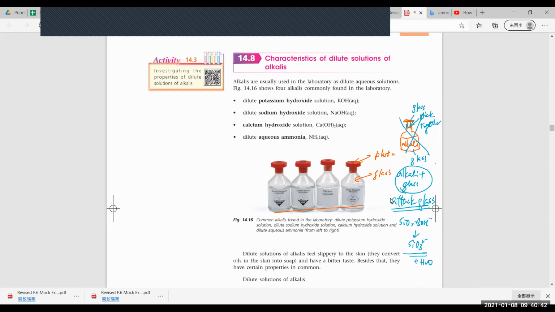They would feel slippery to you, which means that if you accidentally touch those chemicals with bare hands, your fingertip will be a little bit slippery. Why? Because they convert the oil on your skin into soap, and it will give you a bitter taste. Of course, you cannot taste it.